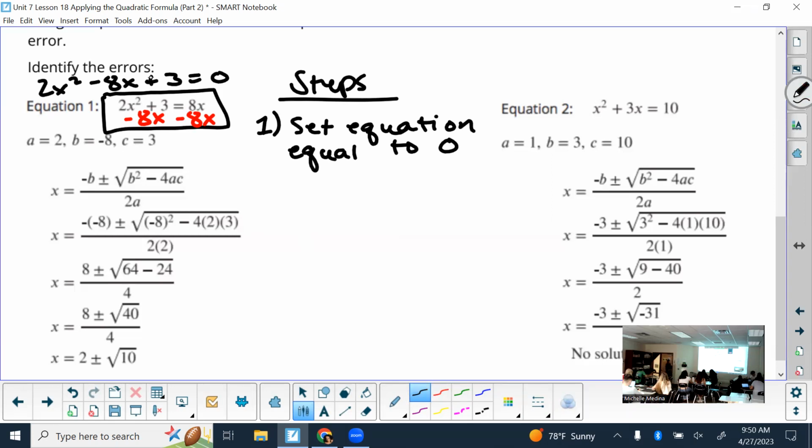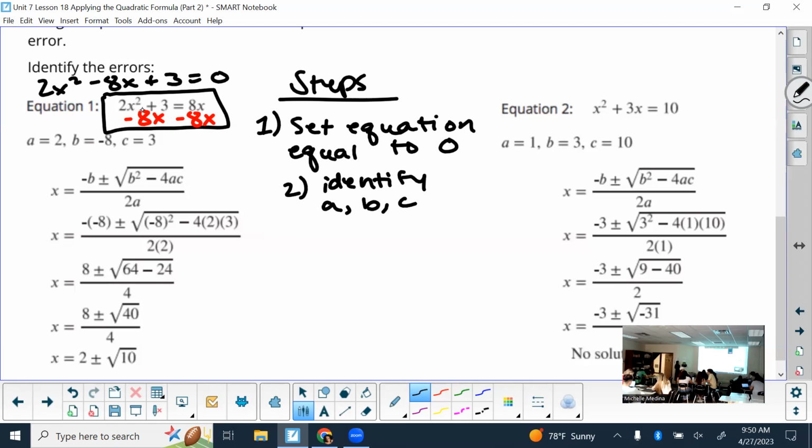Okay. So after you set it equal to 0, did they identify their A, B, and C the right way? Yes. All right, I would say so. So that would be your second step, making sure we identify A, B, and C. And it looks good.